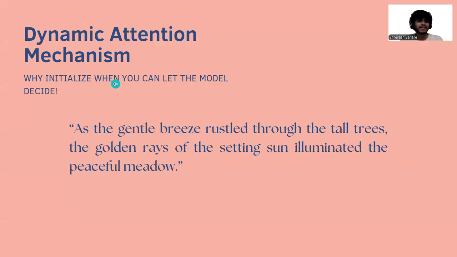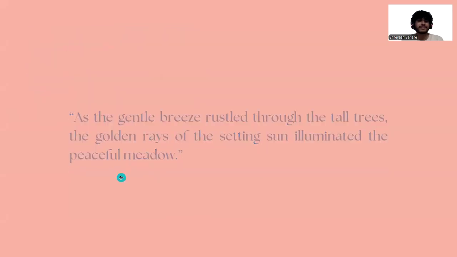But in the dynamic attention mechanism, we can change the size of the window. Actually, we don't have to do it. We can let the model decide, and it can be changed dynamically on the basis of the length of the sequence.